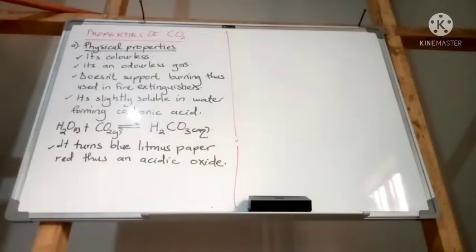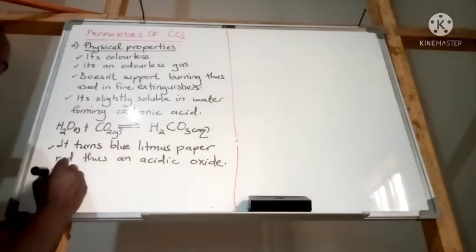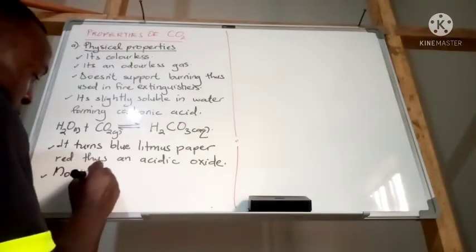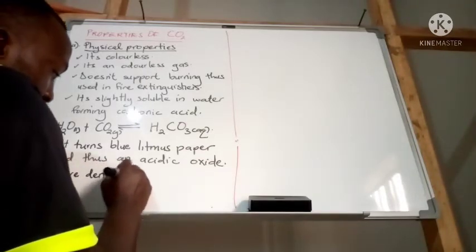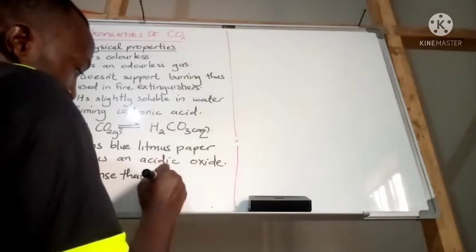As we proceed, we don't have only physical properties. As we conclude the physical properties, you saw the method of collection, that carbon dioxide was collected by downward delivery. Since it was downward delivery, expect it to be more dense than air.